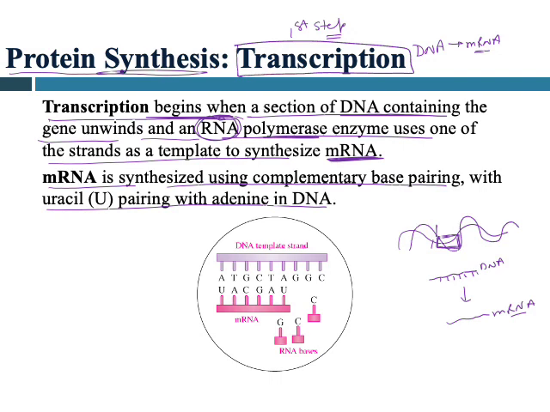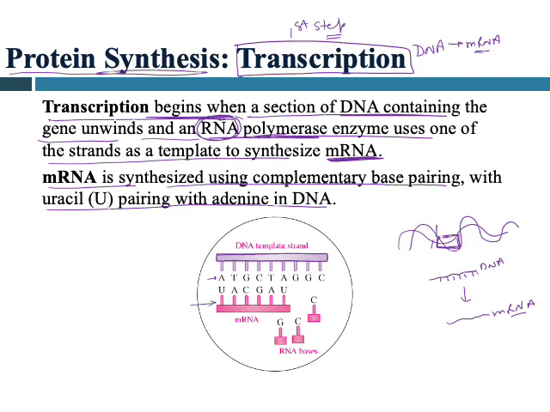So let's assume this is the required region of the DNA that has all the information that the cells need. The double helix opens up and exposes all the bases, and then RNA polymerase starts copying this information. It starts from here.